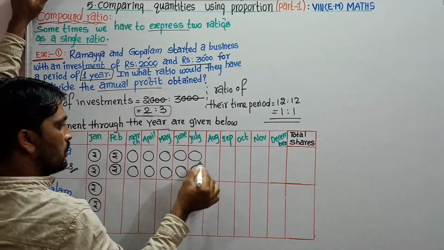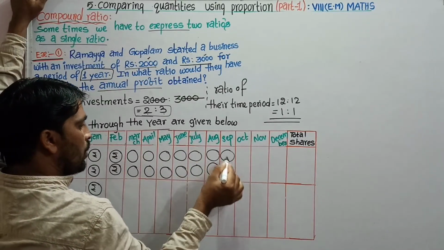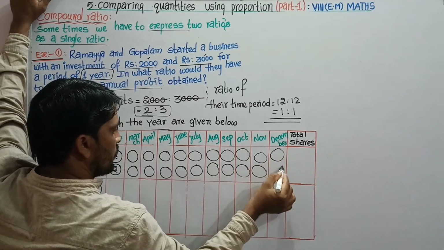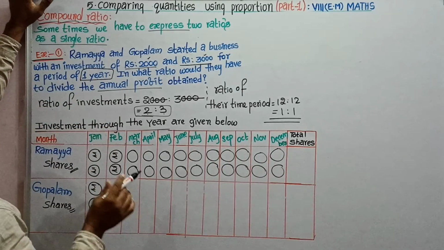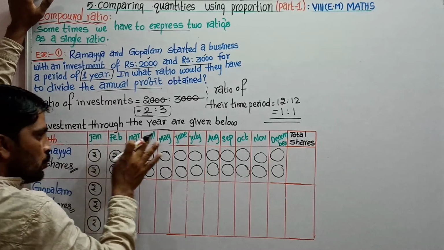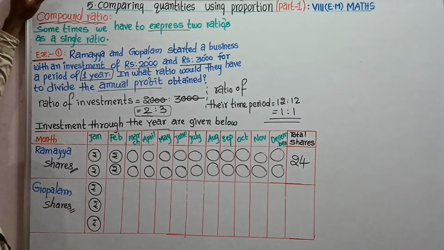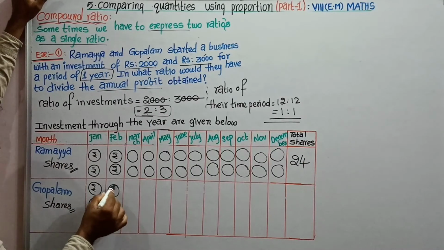That is, share of Ramaya is 2 units into 12 months, that is 24 units.